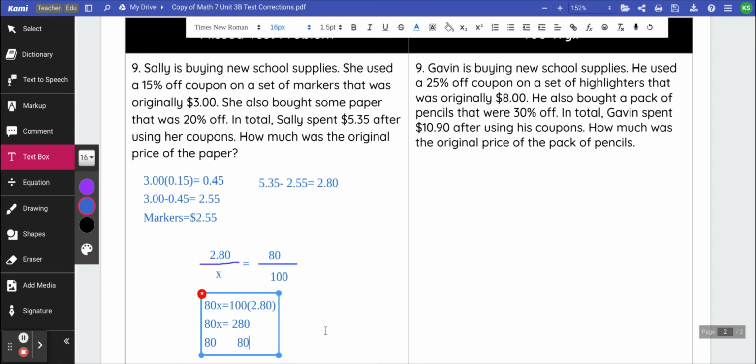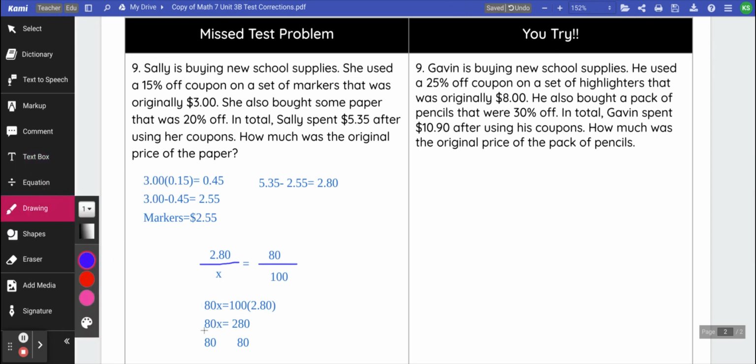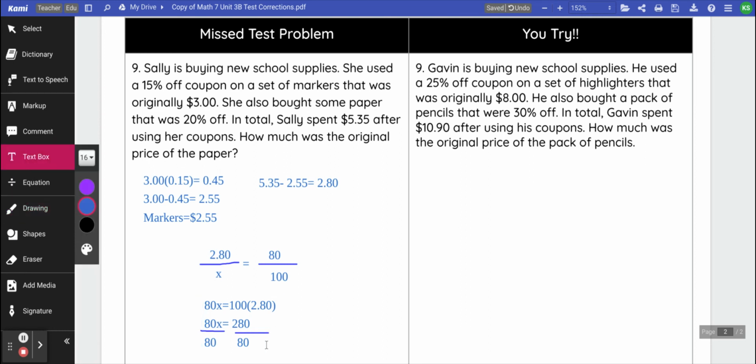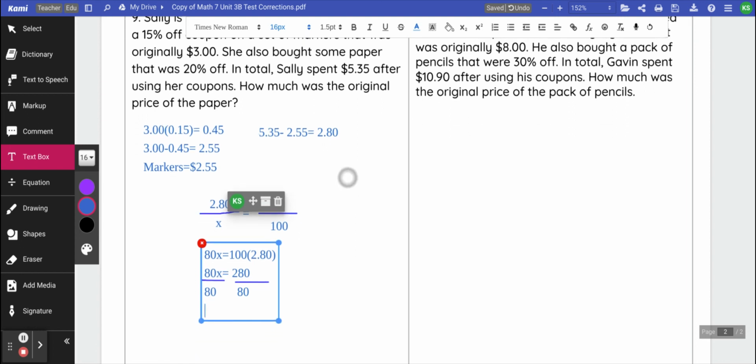Okay, so let me use my drawing, and I'm going to divide these. Sorry, my line went a little long on the second one. Now once we do that, we can figure out what our x value is. 80x divided by 80 is just x equals, and now we take our 280 and divide it by 80.